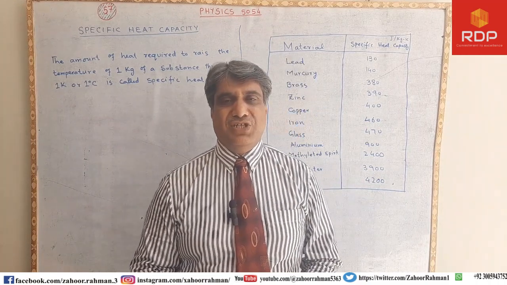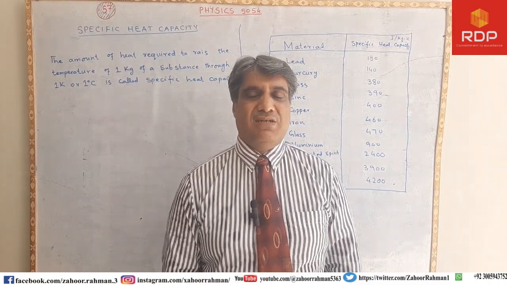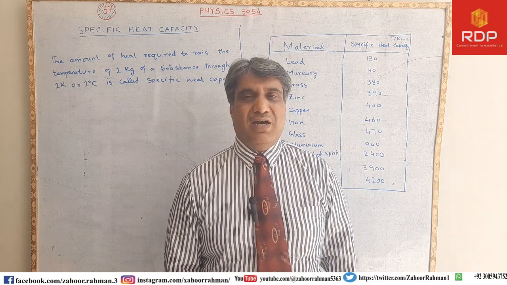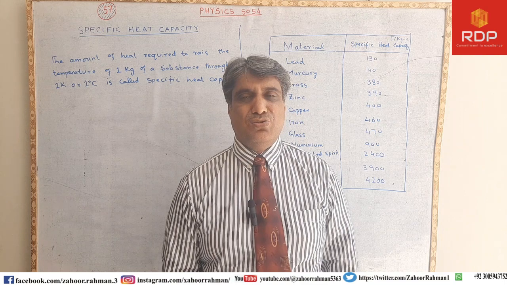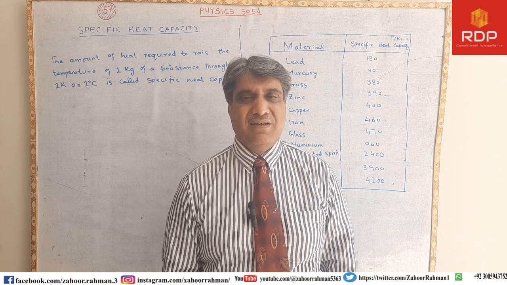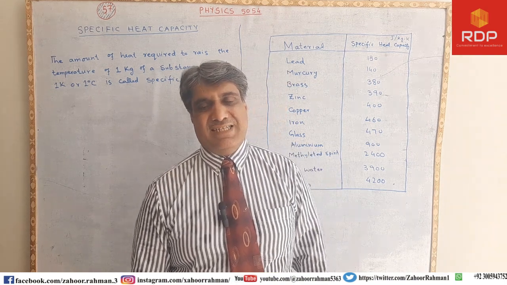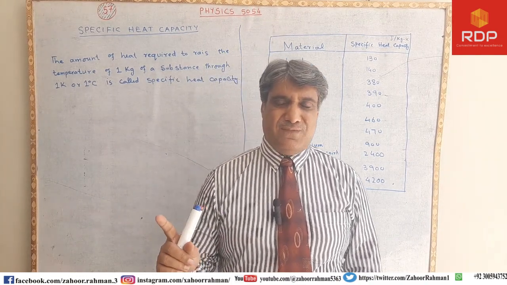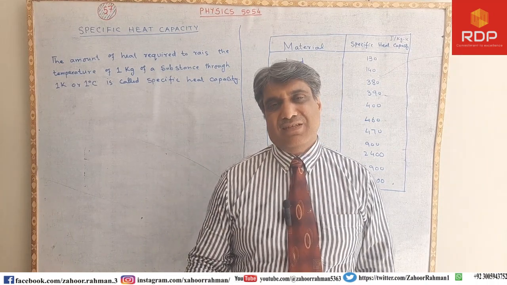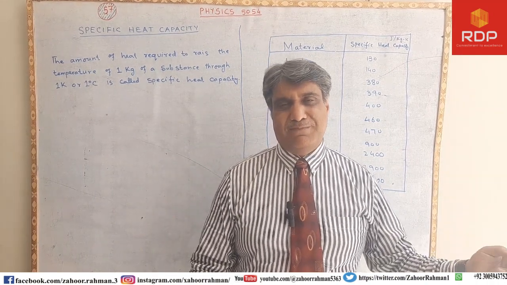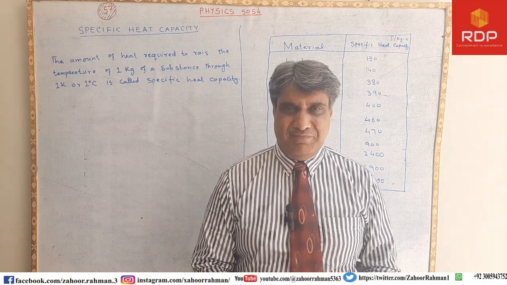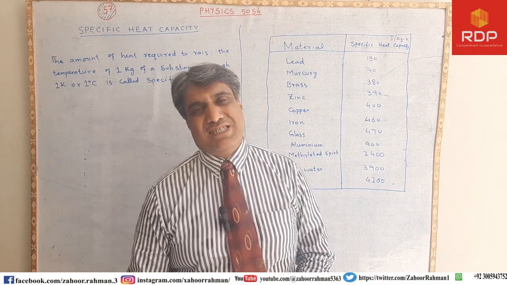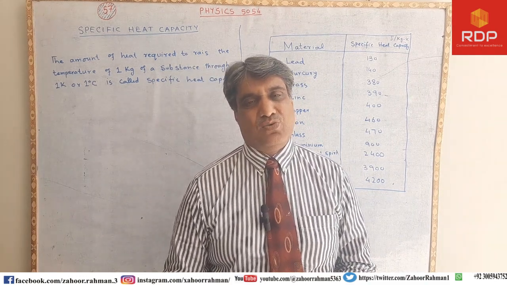So the total definition is the amount of heat required to raise the temperature of 1 kilogram of a substance through 1 Kelvin or 1 degree Celsius. Ladies and gentlemen, there was one difference, and that is 1 kilogram from the previous definition. Today we are going to discuss the second difference as well.